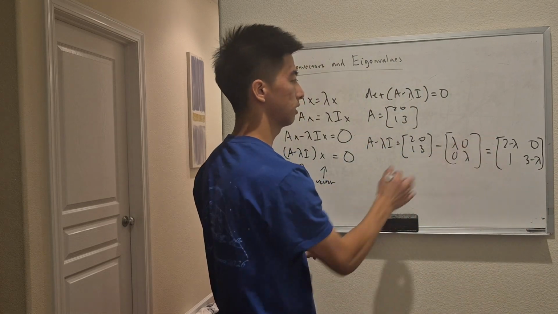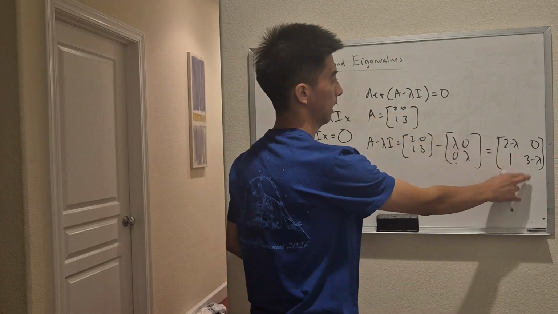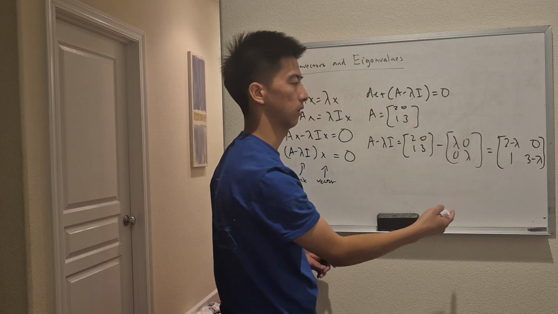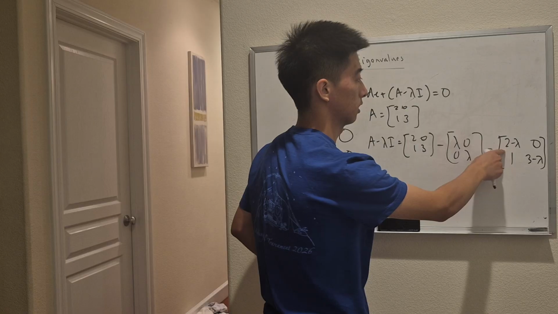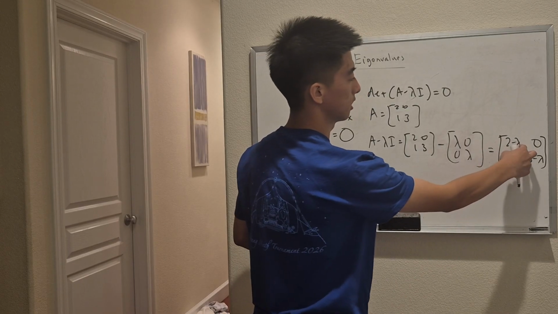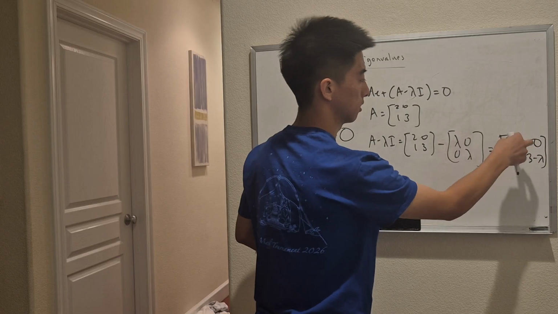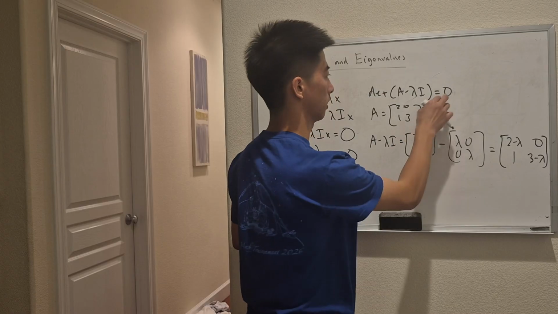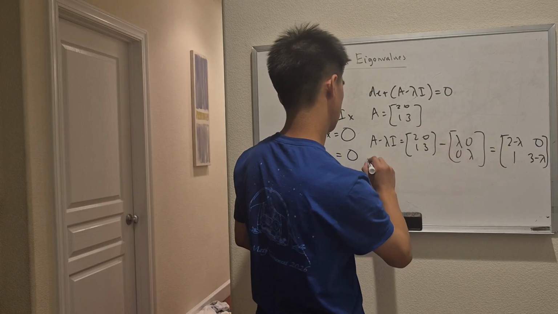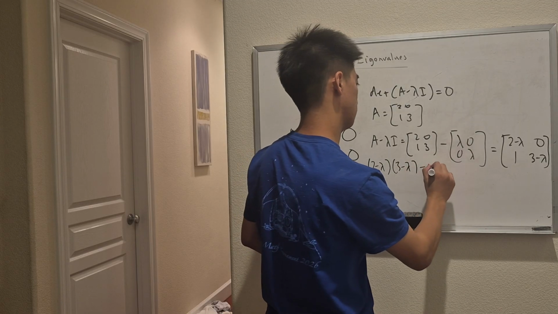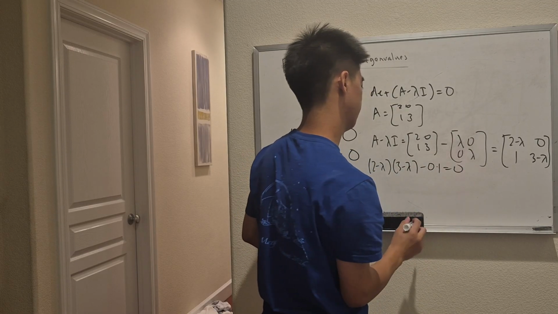And so now we know that the determinant of this has to be equal to 0, and when we solve that, we get our lambda values, our eigenvalues. And so the determinant of a 2 by 2 matrix, if you remember the formula, it is this times this minus this times this equals 0. So (2 minus lambda)(3 minus lambda) minus 0 times 1 gives you 0.